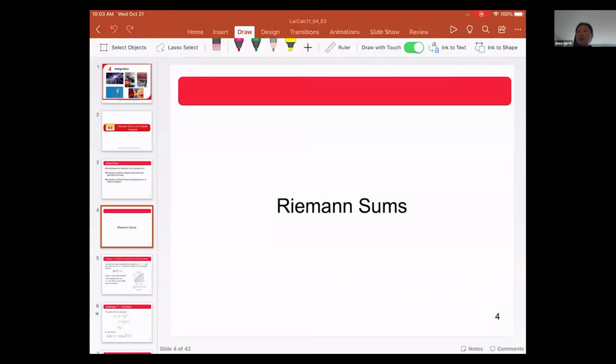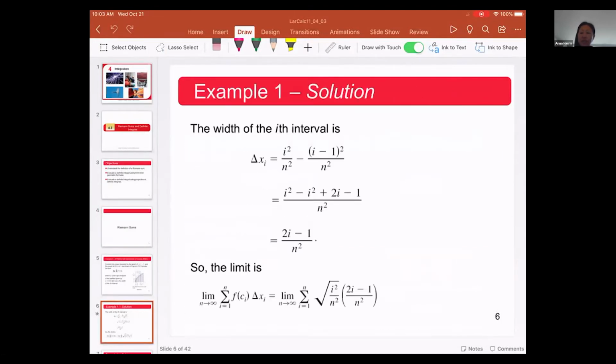So I'm going to share my screen. First thing, I'm going to show you what the lesson is. So Riemann sums is how you find an area under the curve, okay? So this is what they're doing.